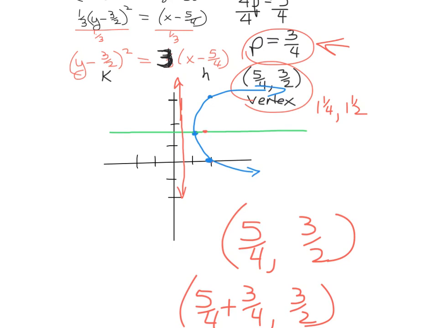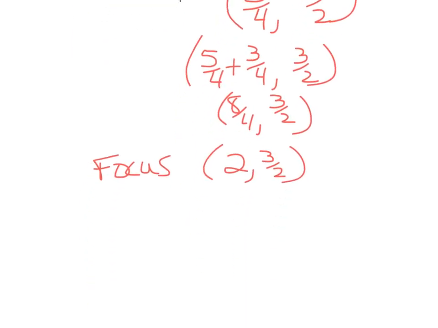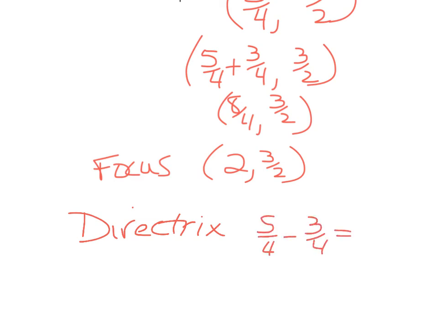So it's about right above there. All right, then the directrix, we're going to subtract the 3/4. So 5 over 4 minus 3 over 4 gives me 2 over 4, which is 1/2. And again, this time since it's a c, my directrix is going to be x equals 1/2.